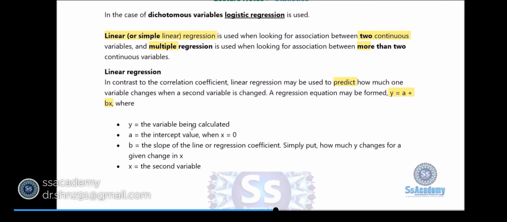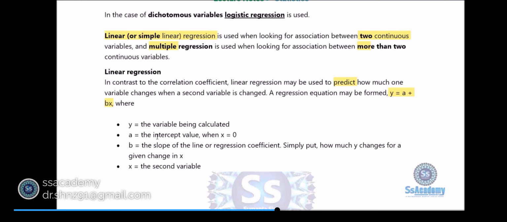Y is the variable being calculated, a is the intercept value when x equals 0, b is the slope of the line, the regression coefficient, simply put how much y changes for a given change in x, the second variable. You don't need to know this linear regression equation, no need at all.